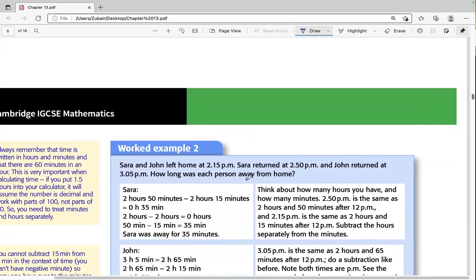And then for John, it would be 50 minutes away. 35 minutes, yes. And 50 minus 15 is 35.